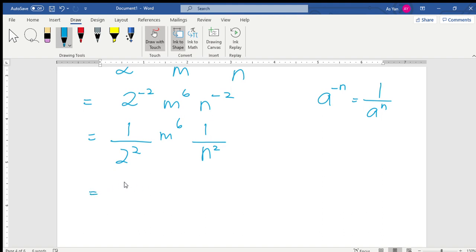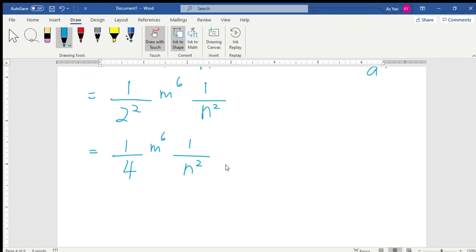So finally we have 1 over 4 times 1 times m to the power of 6, then 1 over n square. So looks like smart, nice. Okay, so we have arranged. 1 times m to the power of 6 times 1 is m to the power of 6. The denominator 4 times n square, so 4n square will be our answer.